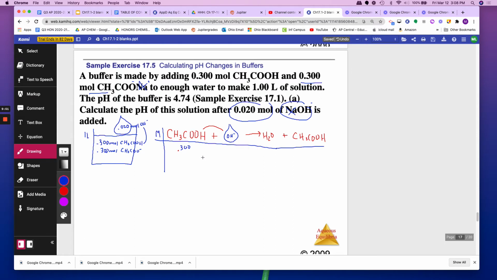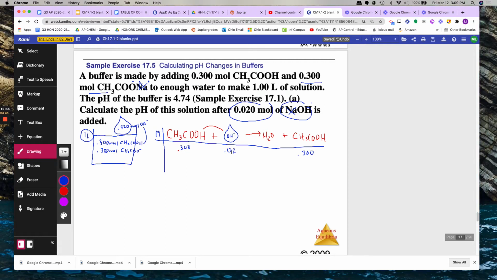Okay, and I also have this much of this, 0.300 molar again. So now I'm going to add this 0.02 moles inside 1 liter again. Again, that's molarity. What's going to happen?